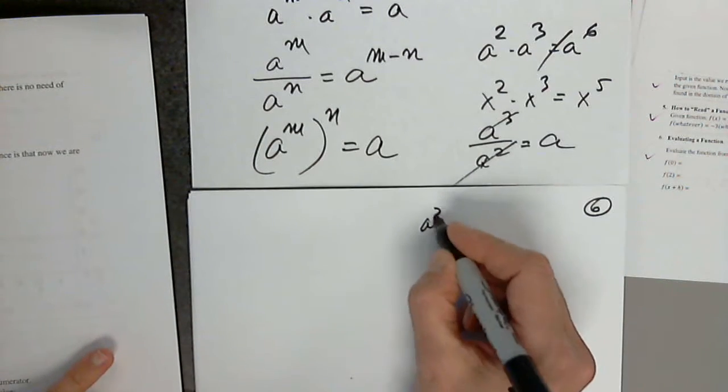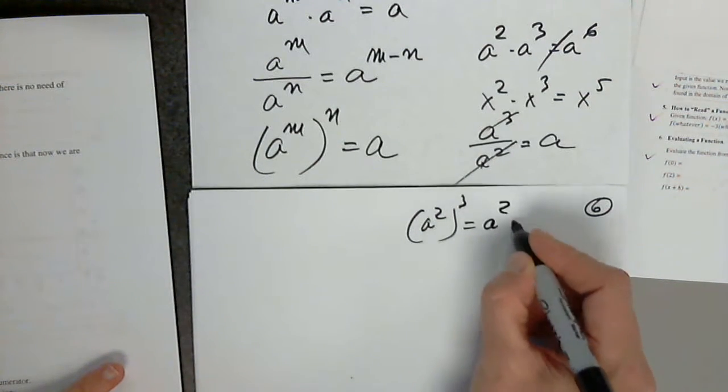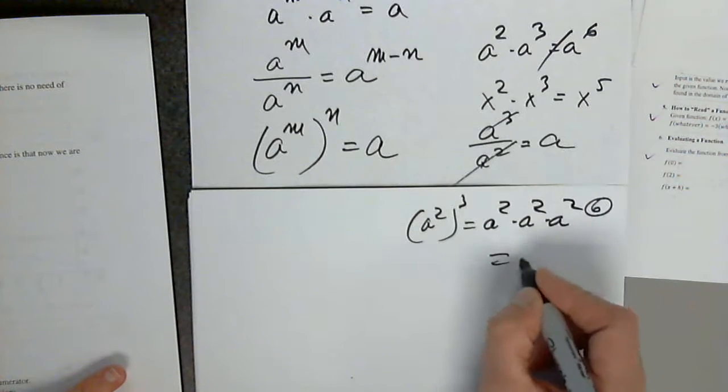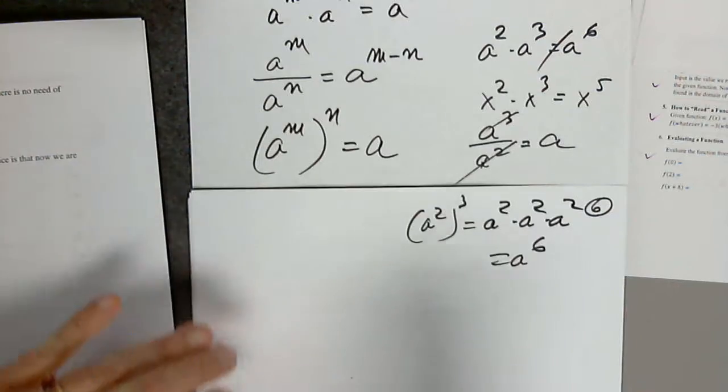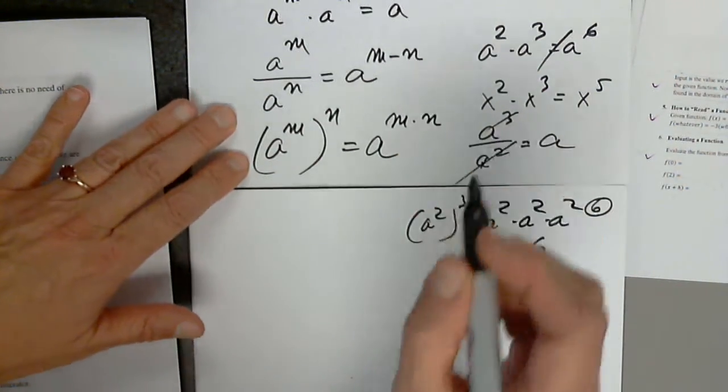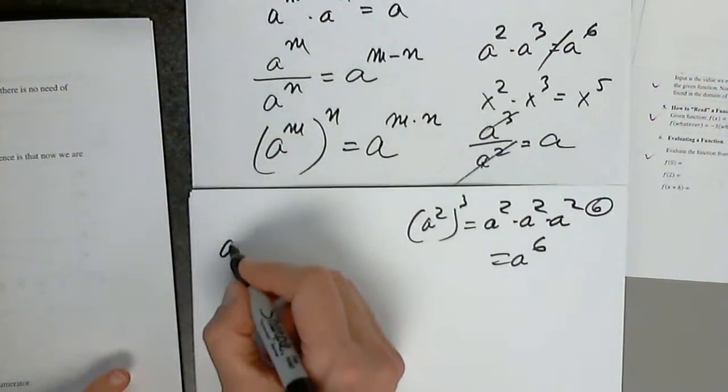Let's say I have a squared to the third power, which is a squared times a squared times a squared, which is a to the sixth. How do I get 6? With 2 and 3. Perfect. m multiplied by n.